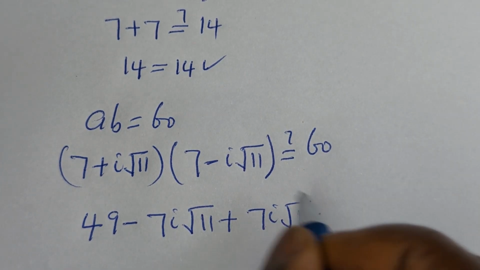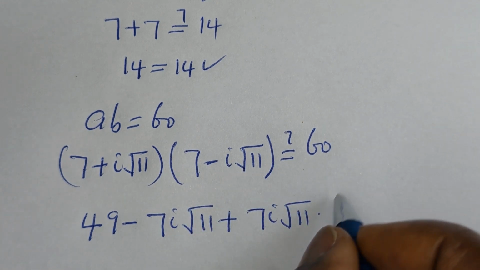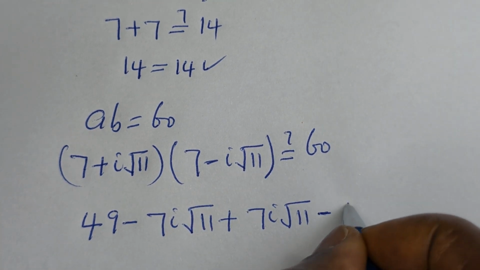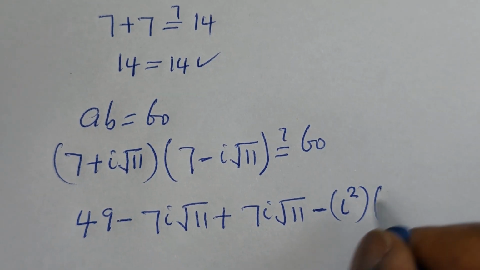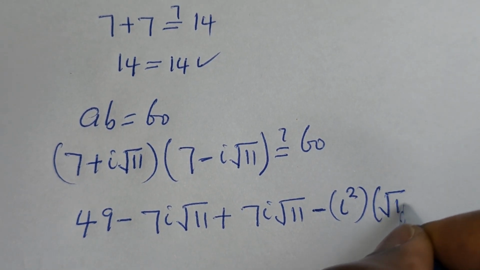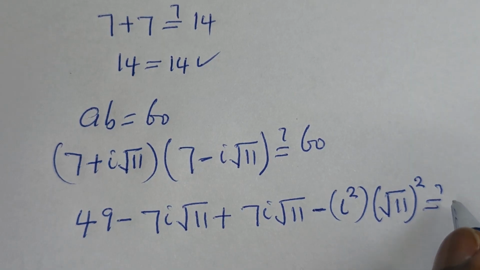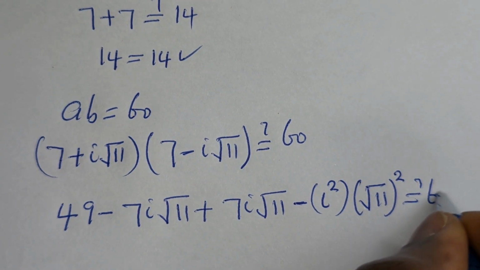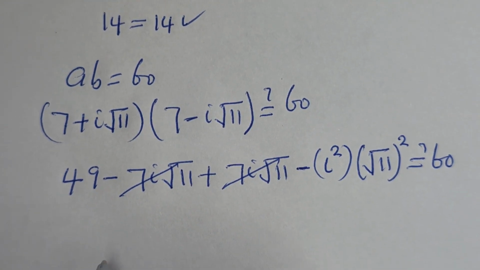Then I root 11 multiplied by minus I root 11, this is minus I square multiplied by square root of 11 square, must be equal to 60. This cancels this.